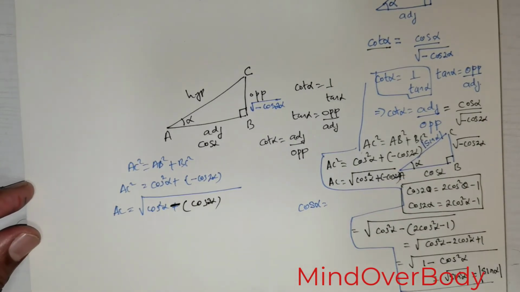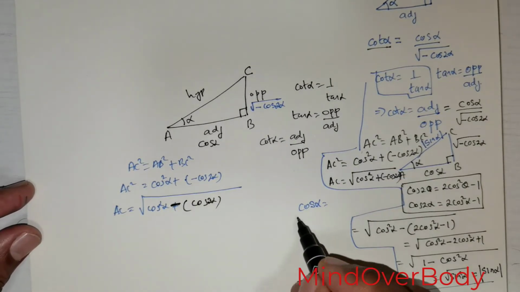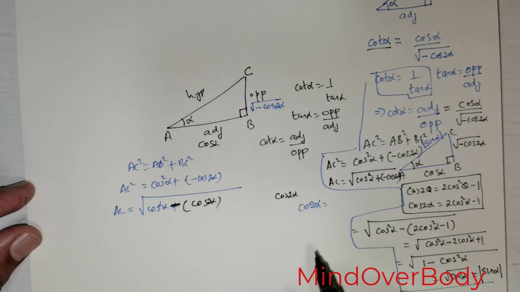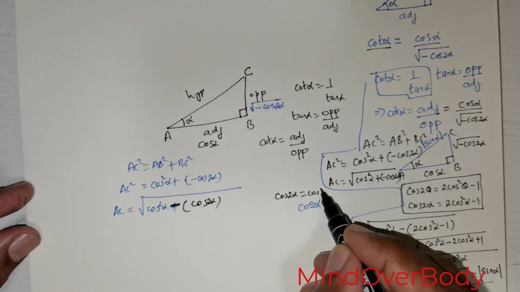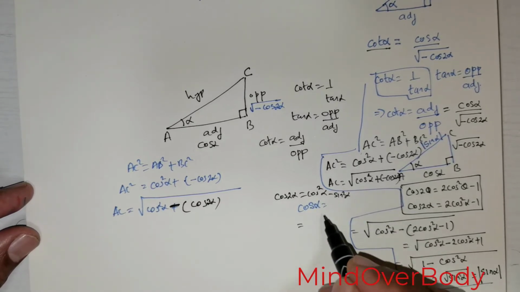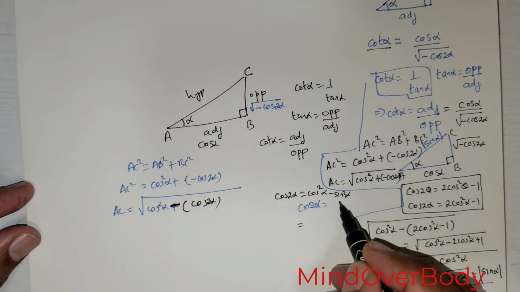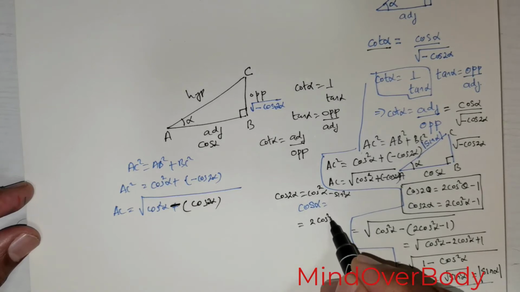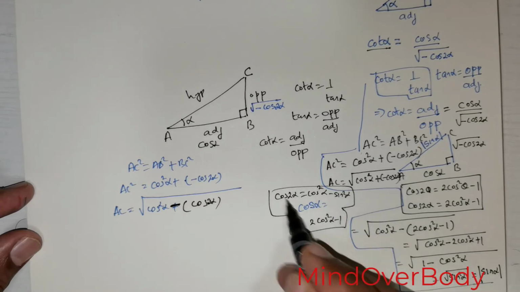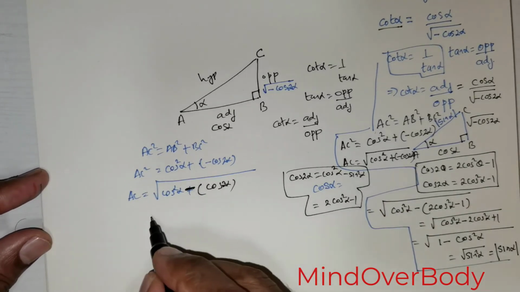Now cos 2 alpha is actually, we have a formula here, so let me write that down. Cos 2 alpha is nothing but cos squared alpha minus sin squared alpha, which is also rewritten as 2 times cos squared alpha minus 1. So I can use this.